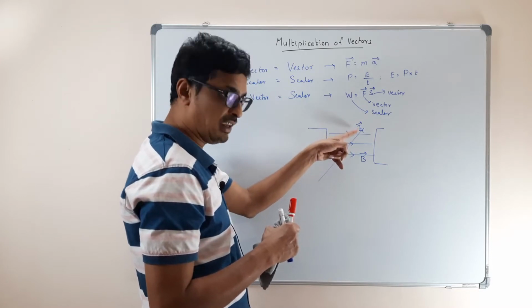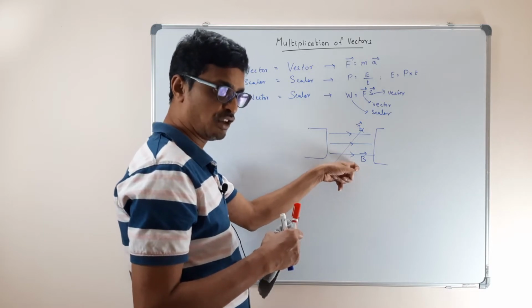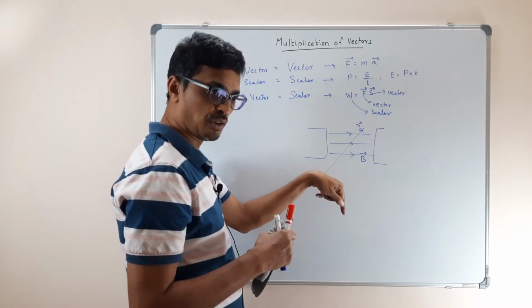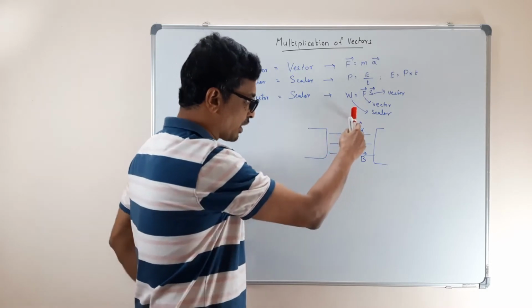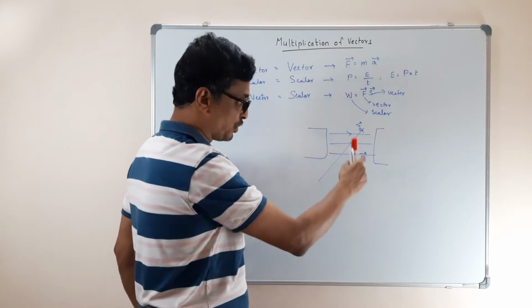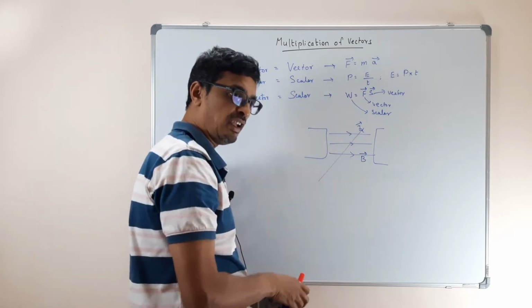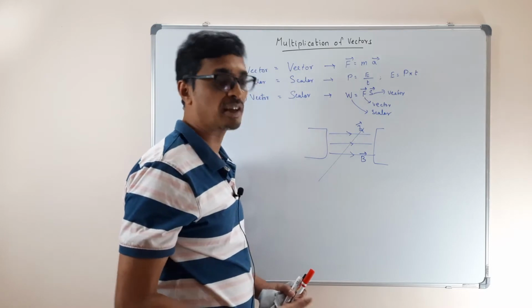Because of the current and your magnetic field, you are going to face a force. So here you are multiplying two vectors, and two vectors combined are going to cause a force, which is also a vector.